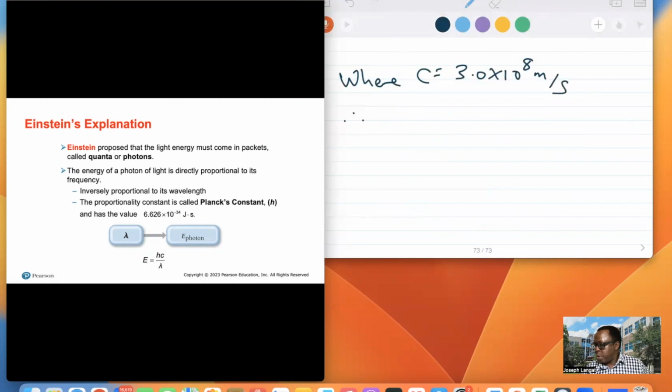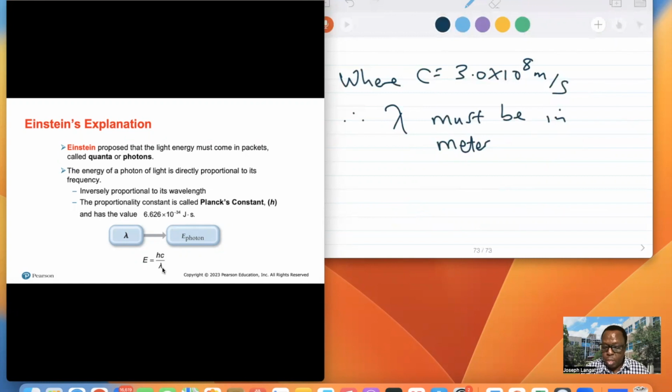Therefore, wavelength must be in meters. Wavelength must be in meters. The lambda here must be in meters.